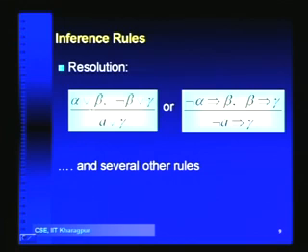And this you can write also in implication form, where for alpha or beta you write not alpha implies beta, and for not beta or gamma you write beta implies gamma. By using modus ponens, you can actually use transitivity here to obtain not alpha implies gamma, right. And not alpha implies gamma is the same as alpha or gamma. And there are many other rules which we will discover as we go further into deduction.